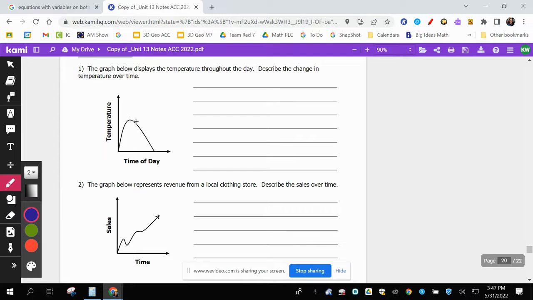This is a varied rate because we see a curvature in the relationship. So I'm going to say first the temperature increases at a varied rate.